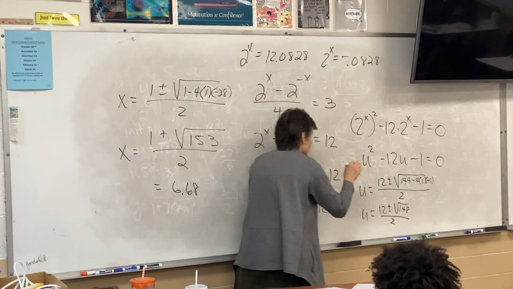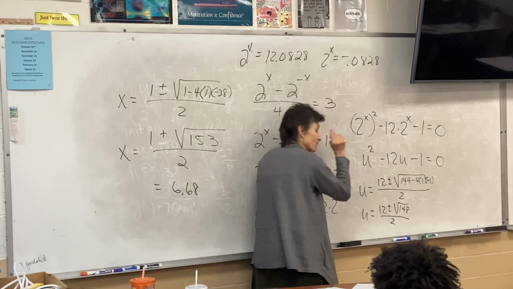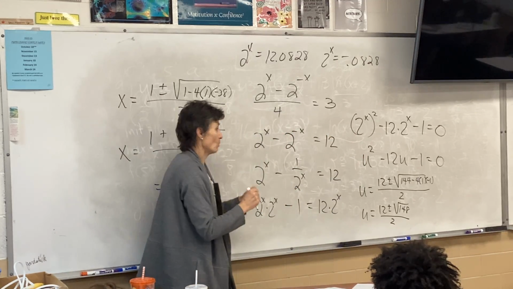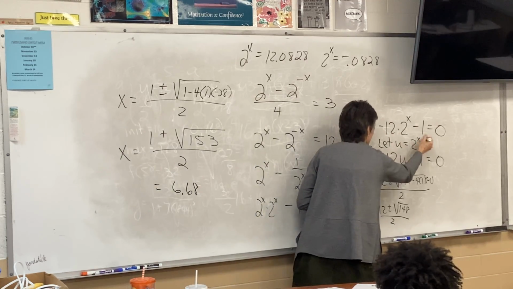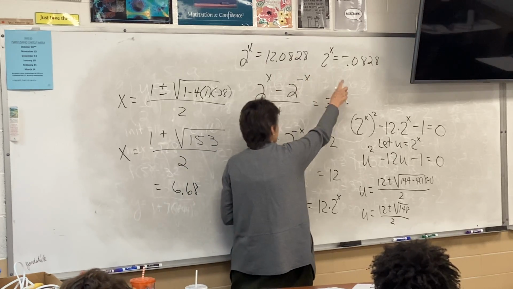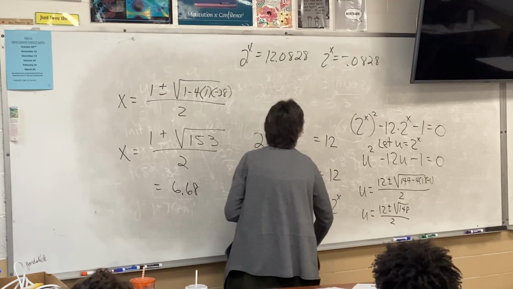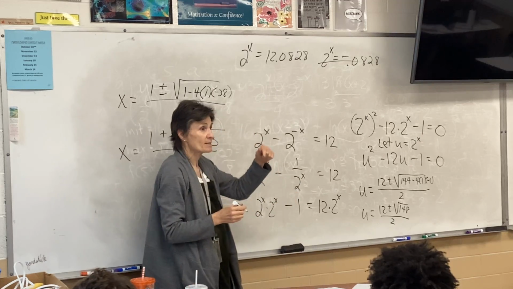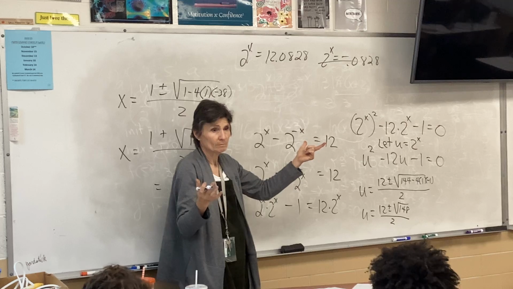So those two numbers are what we get when we solve that quadratic. But we got that quadratic by letting u be 2 to the x. So 2 to the x is that, 2 to the x is that. How do we solve those? First of all, that one's not possible because you can't raise 2 to a power and be negative, right?